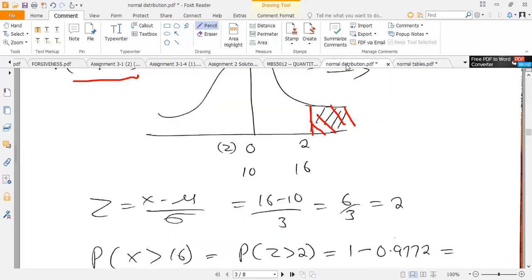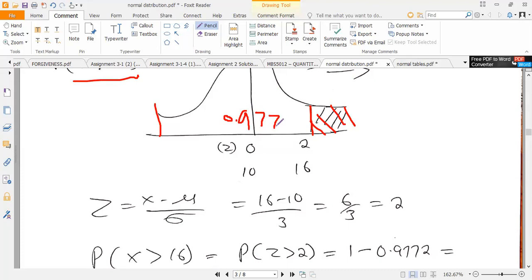What this means is that from here to here is 0.9772.